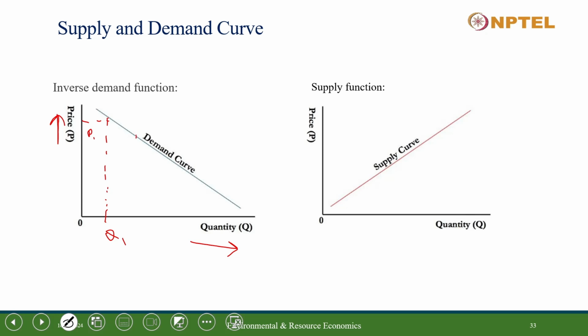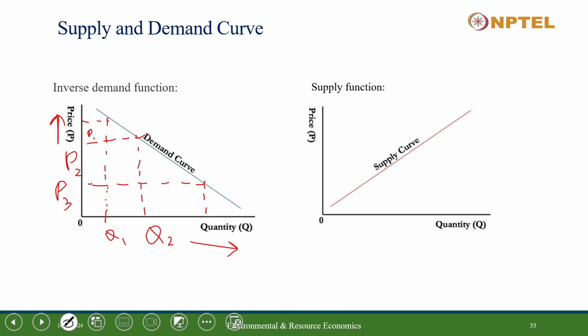After that, for the fifth unit, Q2, I am willing to pay only P2, which is lower than P1. With an increase in quantity, I am willing to pay a lesser price. So this is my P3. This is how the demand curve is shown.